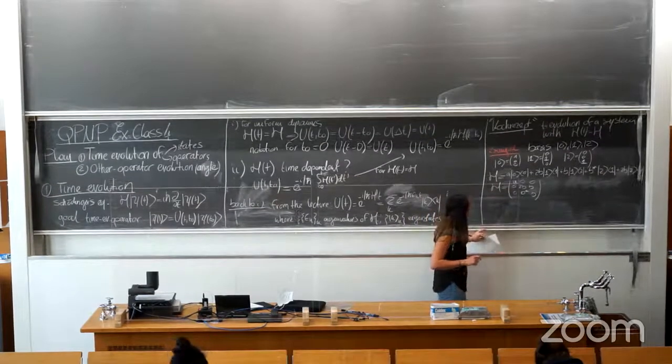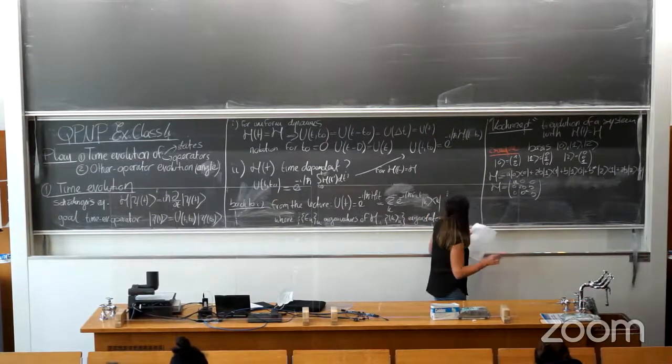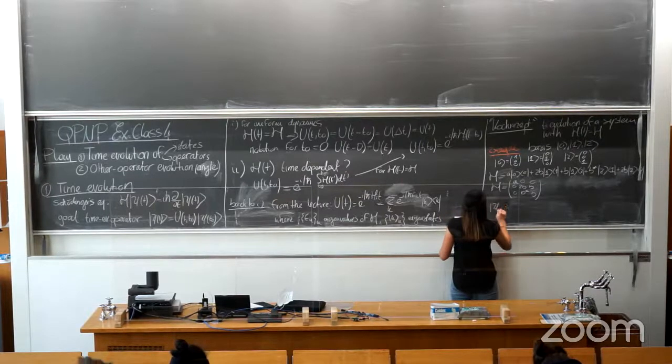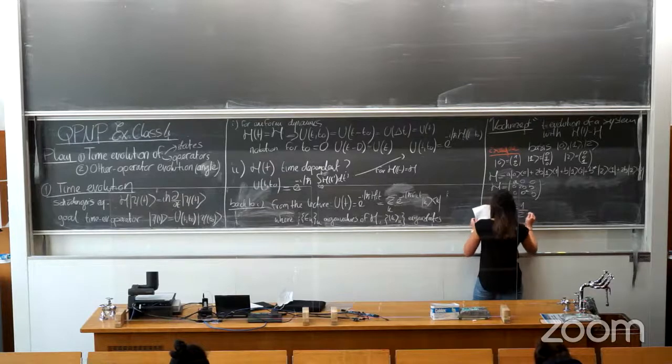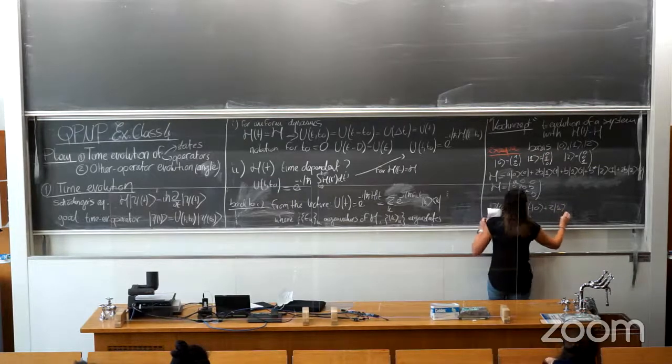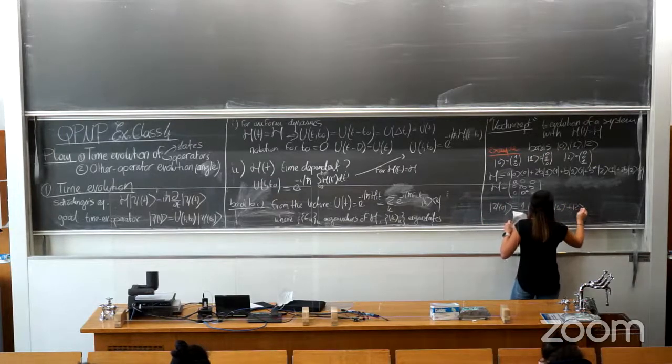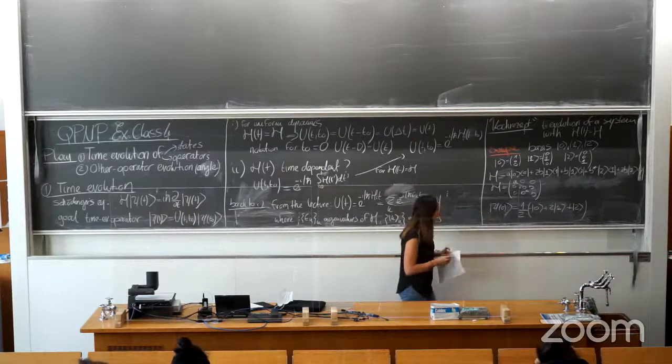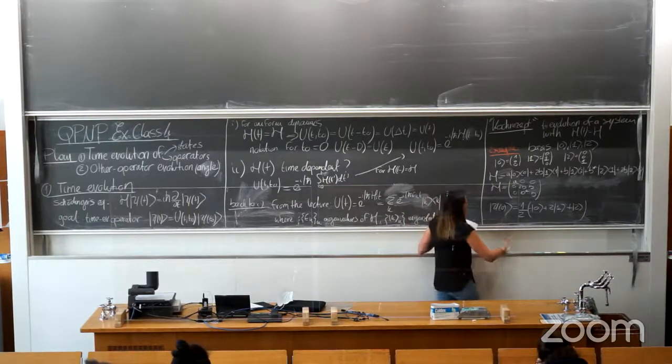So yeah, and I have an initial state. This is given, and this is 1/2 of 0 plus 2, 1 plus. Could I write here 1/4 instead of 1/2?